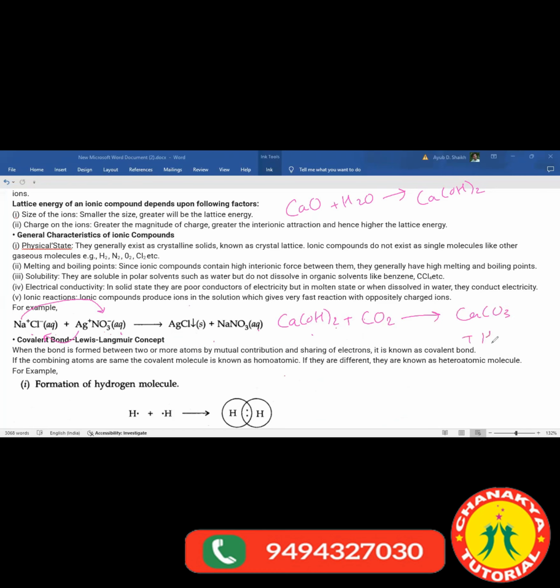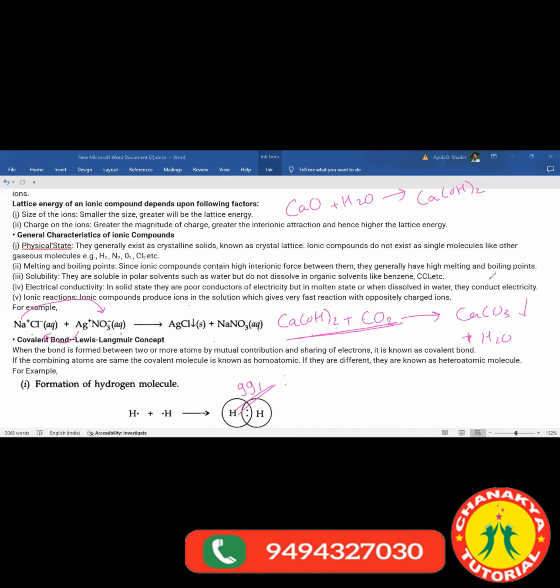CaCO3 plus H2O. And this reaction is not an ionic reaction, yet it forms a precipitate, though it is double displacement. So that's why I said 99% of reactions only, not 100%. Clear? As I said earlier, there are certain exceptions. Clear?